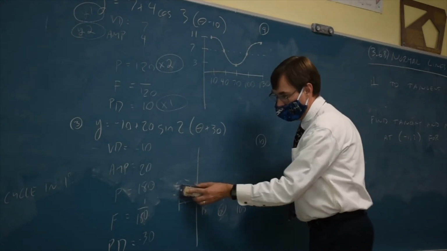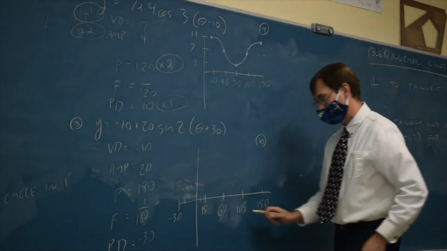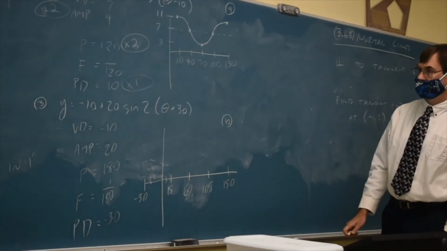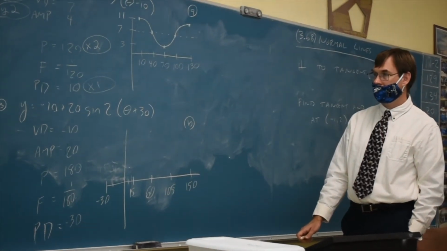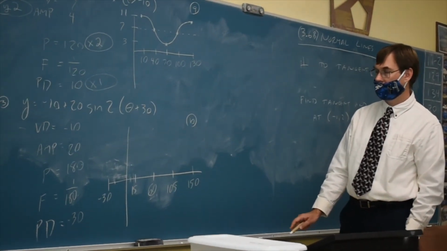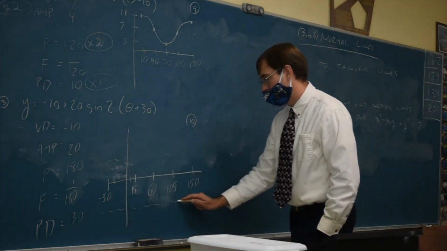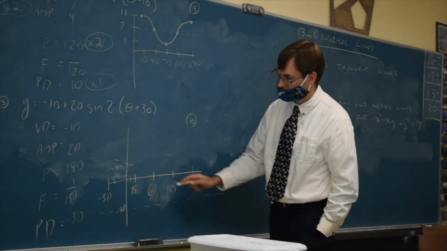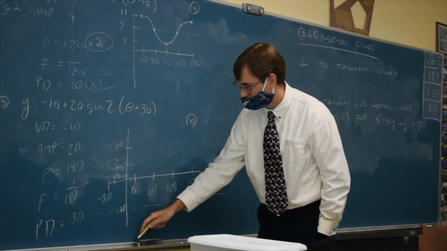For the OCD people, I'll move the number I had on the top just to go down underneath because I wrote all the other ones down underneath. Consistency. On the y-axis, who's going first? Negative 10. So I'm going to draw myself a dotted line and label that with negative 10. Highest high is positive 10.